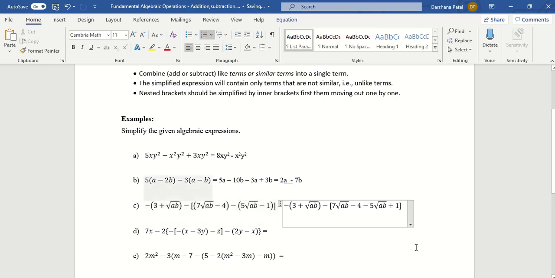Now if you like, we can simplify within the bracket. 7 root ab minus 5 root ab will be 2 root ab.